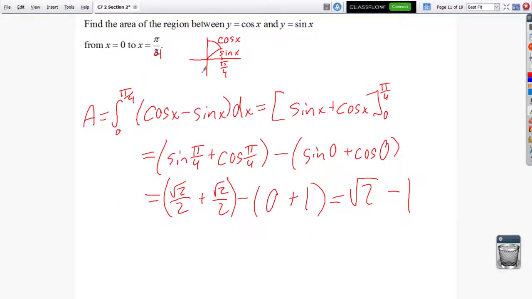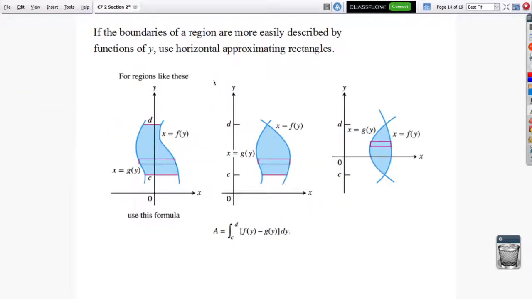Like in this problem, where one edge was a vertical piece, we see over here we have a horizontal limit. So if you have a horizontal limit, using horizontal strips would be easier, because then when we color in, we can just draw like this.